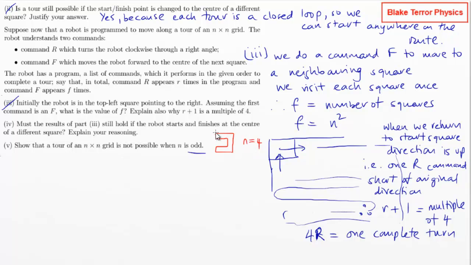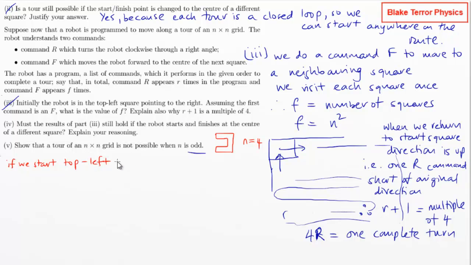So if we start in the top square for this example, will it still hold if we start in a different one? We don't need to go through every single square. We just need to talk about something which is different to the top left.